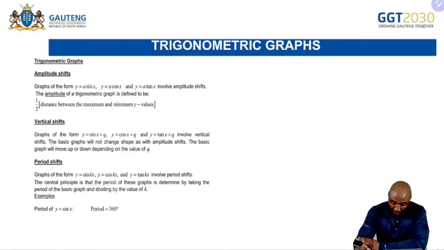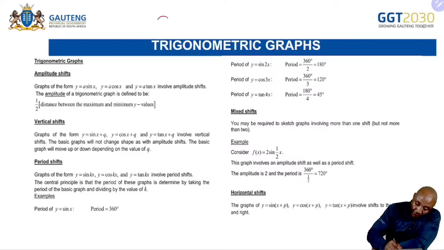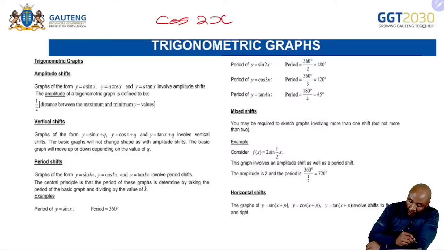When our period shifts, you are able to use that the period of a sine graph is 360 degrees. You divide by whatever is the coefficient. If it's cos 2x, it means the period for this graph will be 360 degrees divided by 2, which means the period will be 180 degrees.